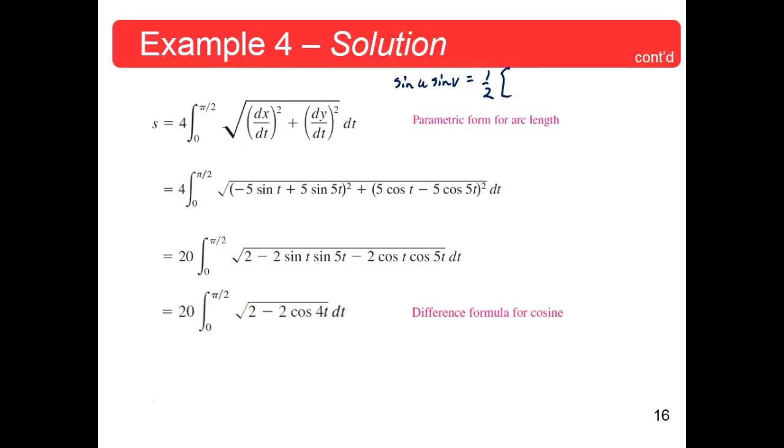Okay, times cosine of u minus v minus the cosine of u plus v.